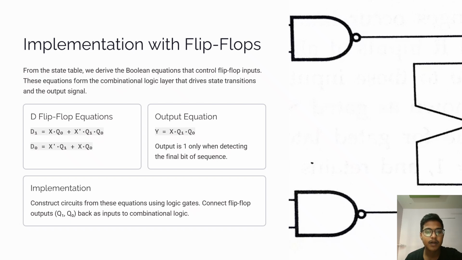From the state table, we write excitation equations such as D of A is equal to XB plus XB bar, and D of B is equal to XA. We then design the combinational logic with AND, OR and NOT gates feeding the flip-flops. The resulting circuit performs automatic sequence detection.